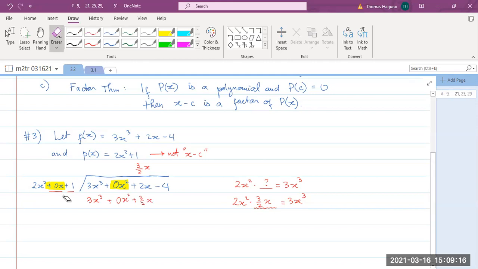Then we subtract: 3x cubed minus 3x cubed is 0, and 0x squared minus 0x squared is also 0.